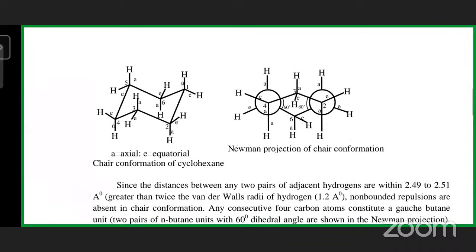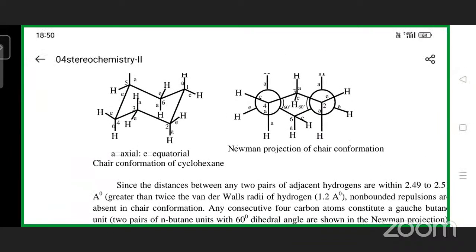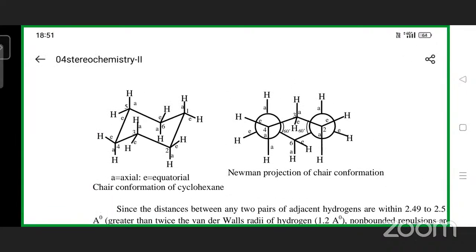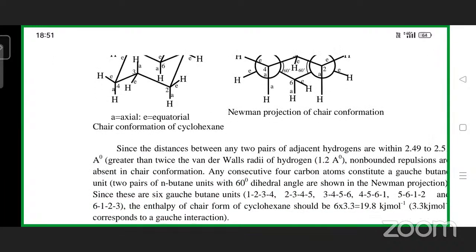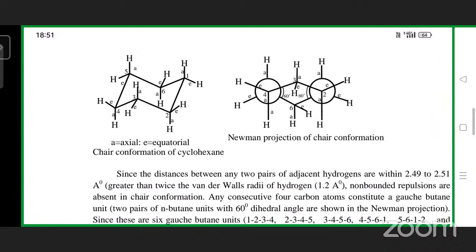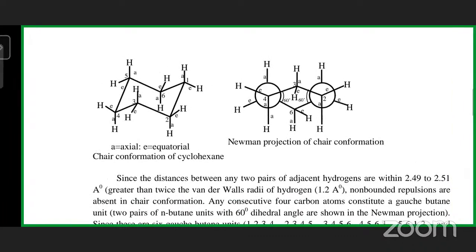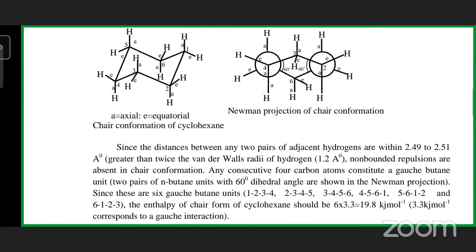So that particular ring: here is 1, and here 2, 3, 4. These are in gauche interaction. Gauche means adjacent, so these are in adjacent positions, and likewise 2, 3, 4, 5 are also adjacent. That is how you see the gauche interactions.